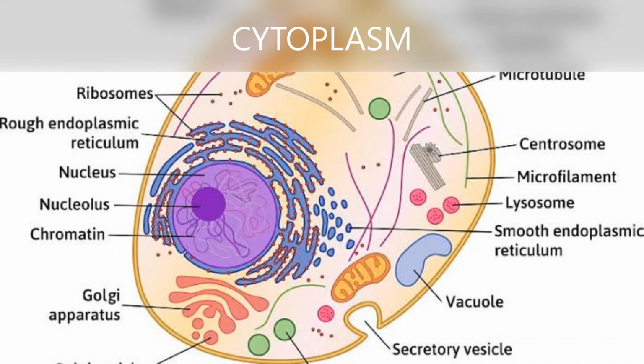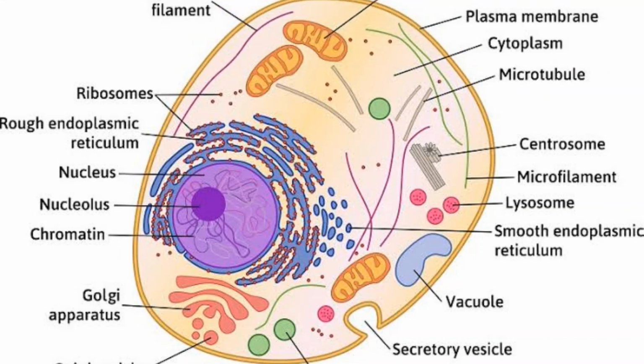That liquid is called cytoplasm, and inside that cytoplasm many cell organelles are present: Golgi body, endoplasmic reticulum, ribosomes, mitochondria, lysosomes, centrosomes, vacuoles, and plastids.